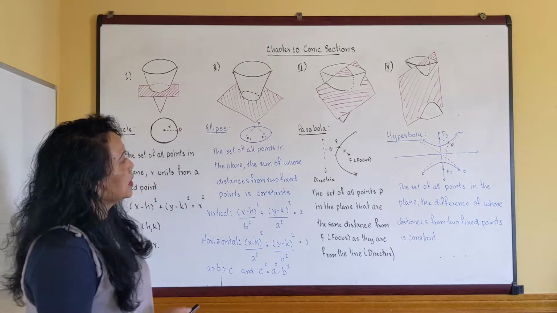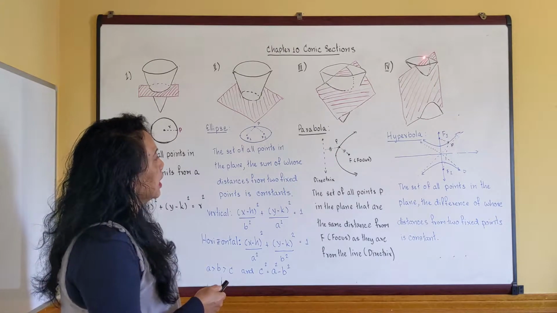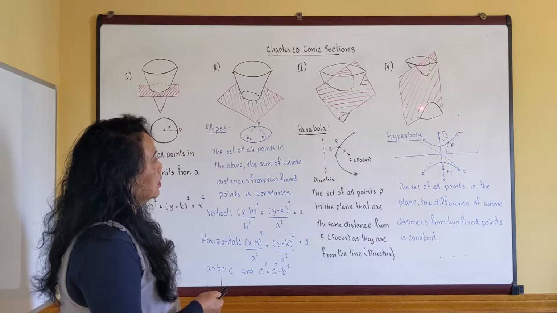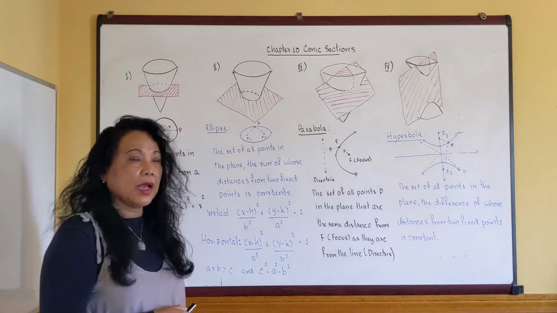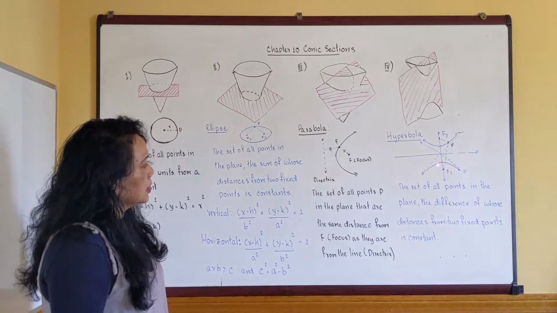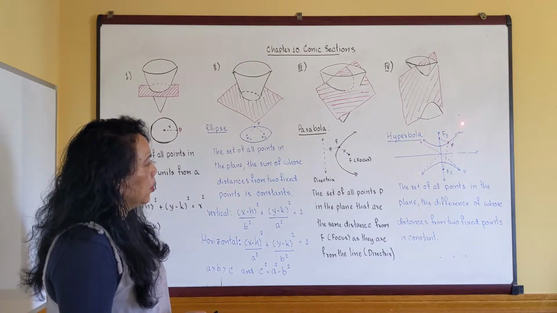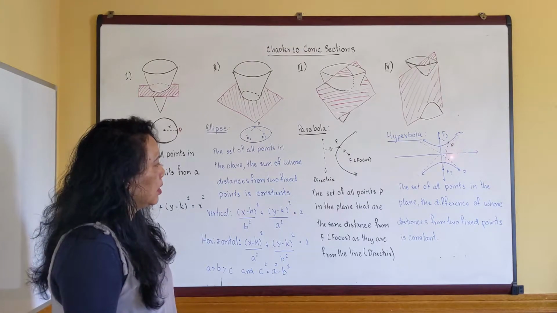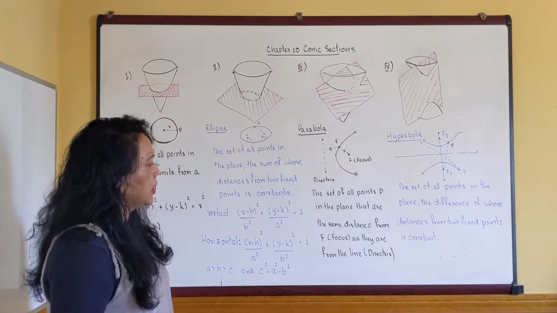So the next one, if you have a plane that cuts, we have two cones here, almost vertical or vertical to the cone, you're going to have a hyperbola. This example is a hyperbola open up and down. You also can have the case that the hyperbola opens to the left and to the right.